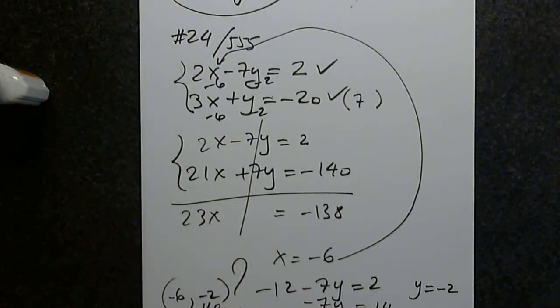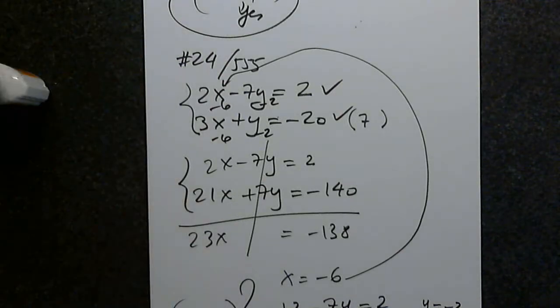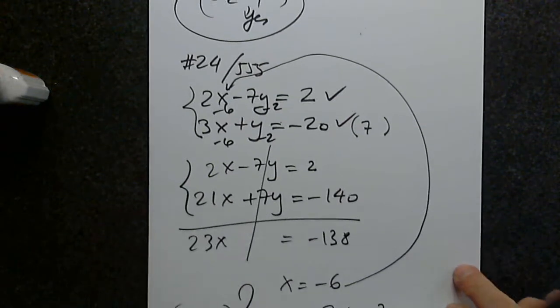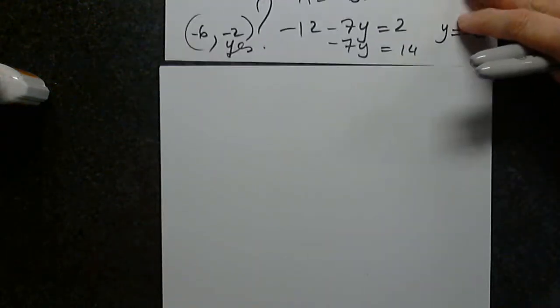Yes, of course. You can multiply by positive numbers, by negative numbers, not by 0. Not by 0, ever. Or divide by 0. So in this case, one more time, we chose to eliminate y because we only multiplied one equation by 7. In the next example, we will not have that choice.